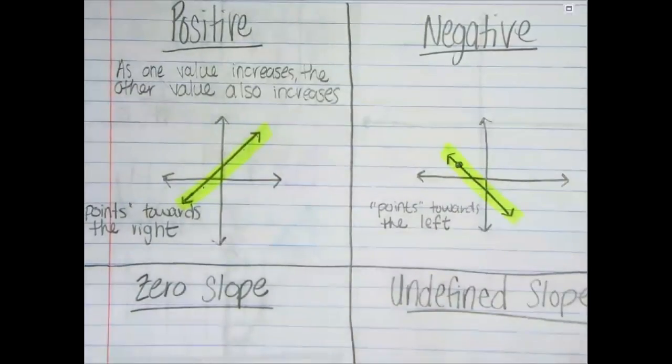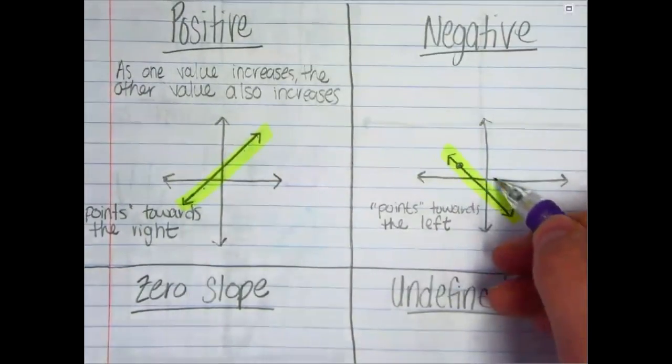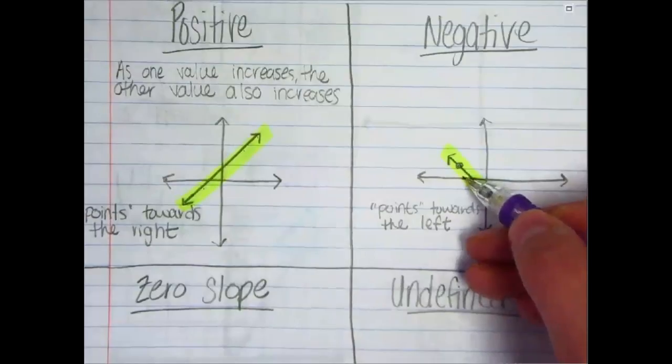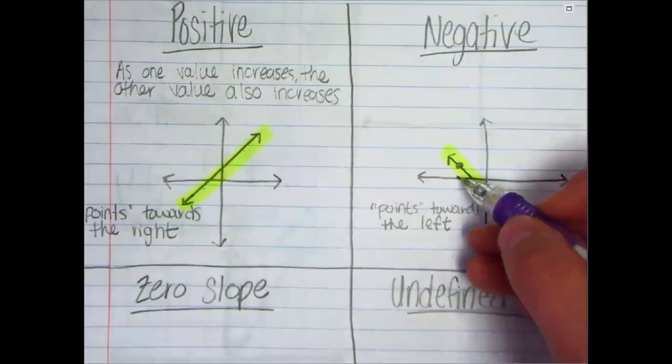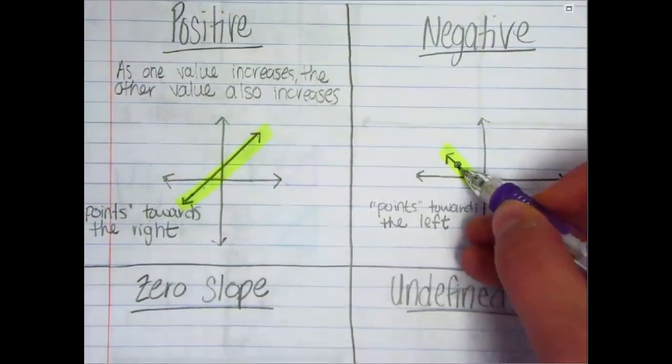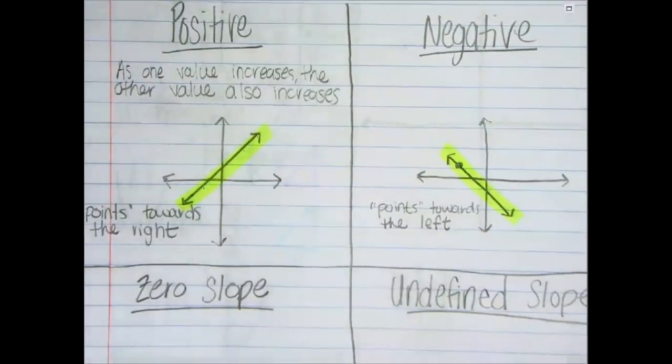I need to go to the left first. If I'm going to the left, are my values increasing or decreasing? Decreasing. And then I'm going to go up to this point. Is my value decreasing or increasing? Increasing. So as one value decreases, the other value increases.